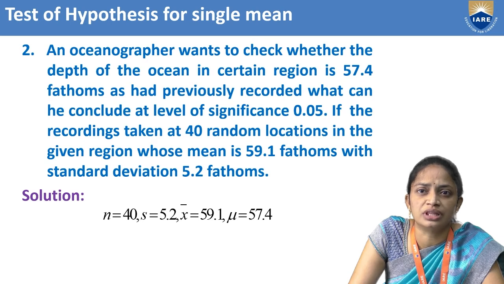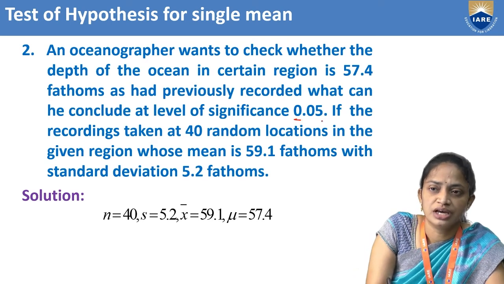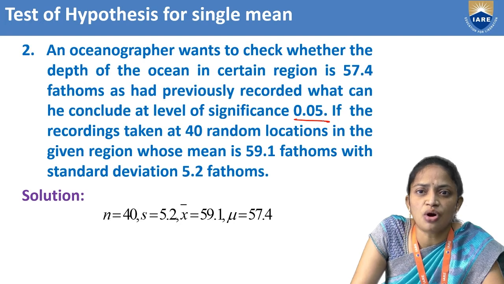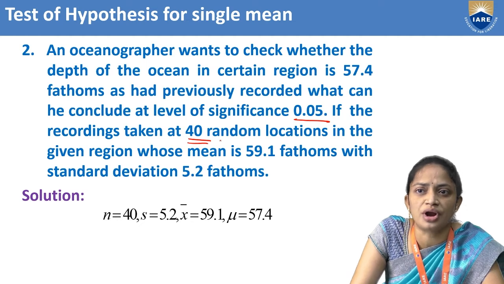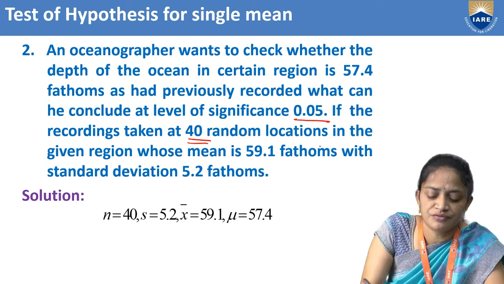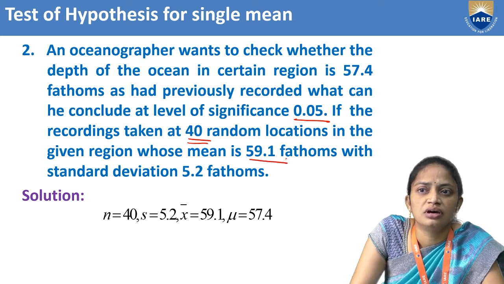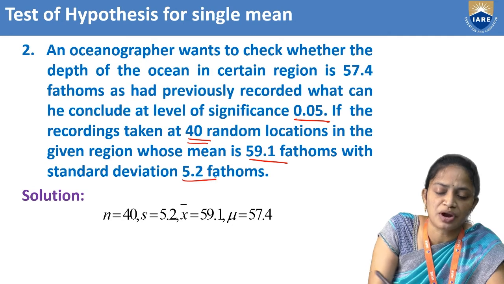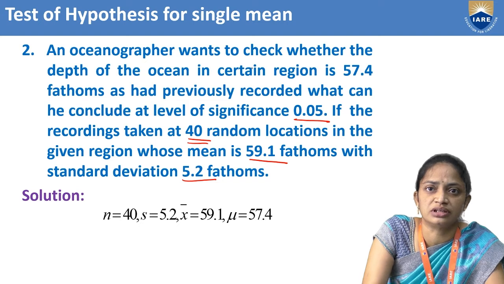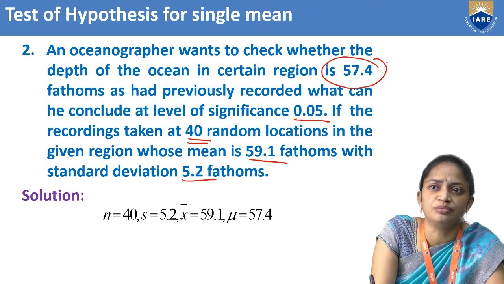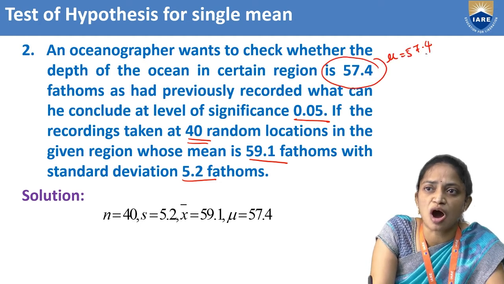What can he conclude at a level of significance 0.05, if the recordings are taken at 40 random locations in the given region, whose mean is 59.1 fathoms with standard deviation 5.2 fathoms? Observe carefully. The oceanographer wants to check whether the depth of the ocean in a certain region is 57.4, so here you need to take the mu value, that means the population mean.